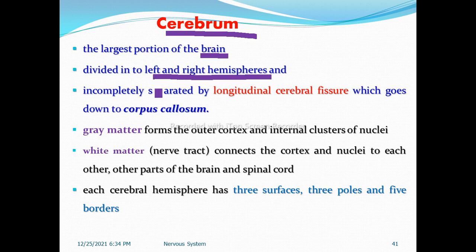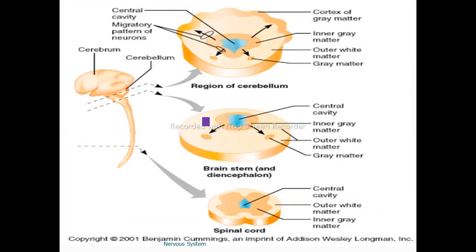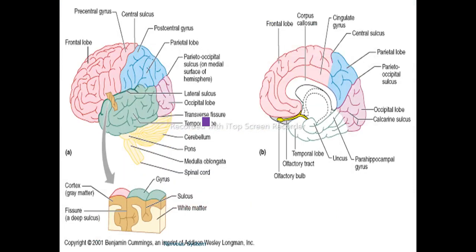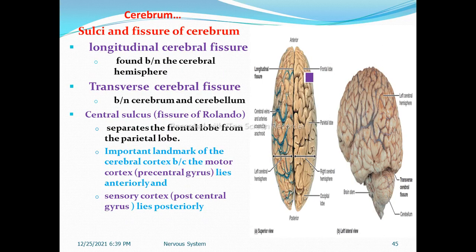The left and right hemispheres are separated by the longitudinal cerebral fissure, which goes down to the corpus callosum. This is the right cerebral hemisphere, and this is the left cerebral hemisphere.